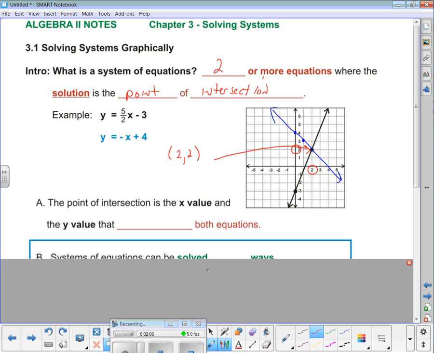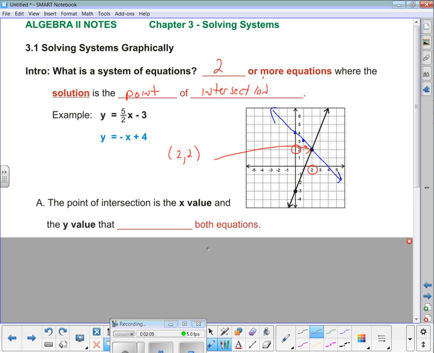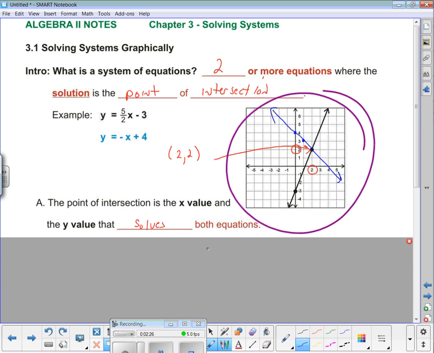Now, I want you to look at A, and this is an important concept to understand. The point of intersection is the x value and y value that solves both equations. All right, so focus your attention here on the graph again. I want you to understand that every point along the black line, the x and y coordinates of that point will solve the black equation.